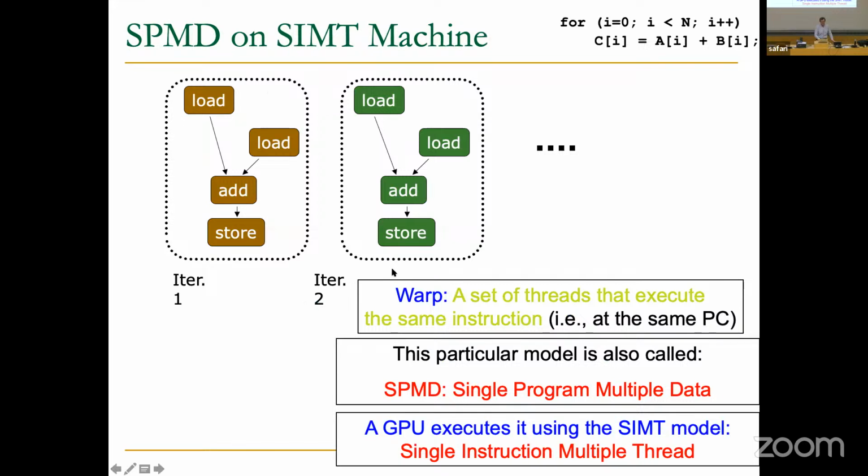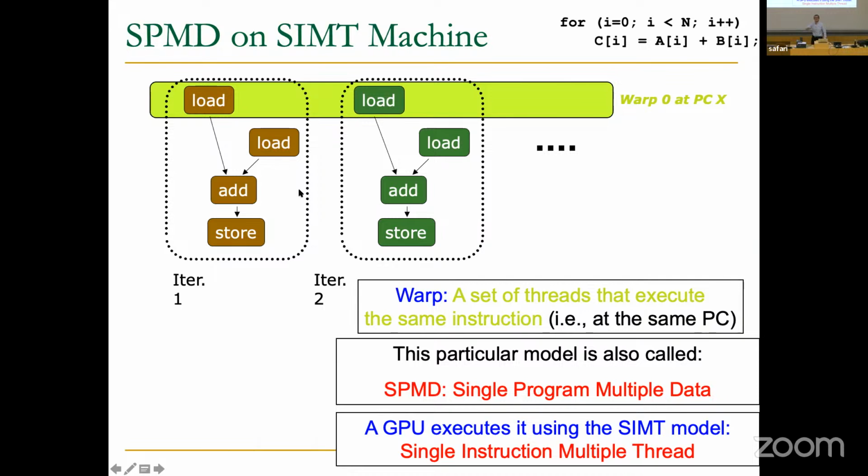So let's take a look at this. Let me define warp. A warp is a set of threads that execute the same instruction, i.e. at the same program counter. So this is warp 0 at PC X, assuming the program counter of this load is X, because these different threads are executing the same code. They're both at program counter X. They're fetching the code from the same location in memory.